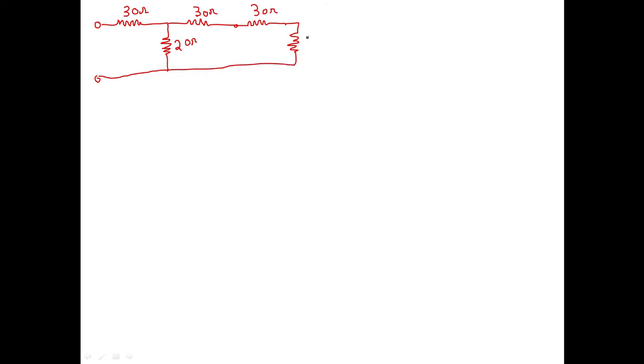Here 30 ohm is being there, and then there is 20 ohm resistance, and then 30 ohm, and then we split into two parts, that is 30 ohm, then there is 20 ohm, 20 ohm is being there, and then there is 30 ohm, and it is connected to infinite.